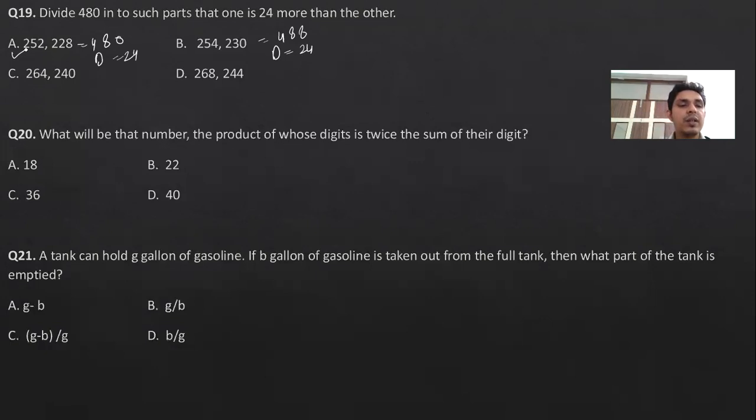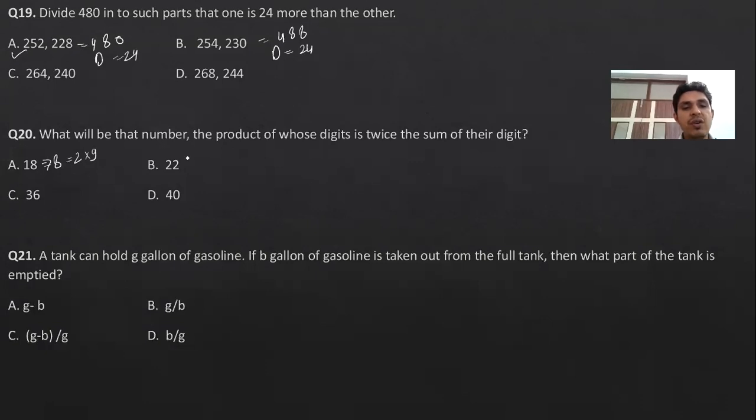Okay, question number 20 that we have: what will be that number, the product of whose digits is twice the sum of their digits, right? Okay, if we check option number A, the product will be 8, and 8 is not equal to twice the sum of their digits. That means this is incorrect.